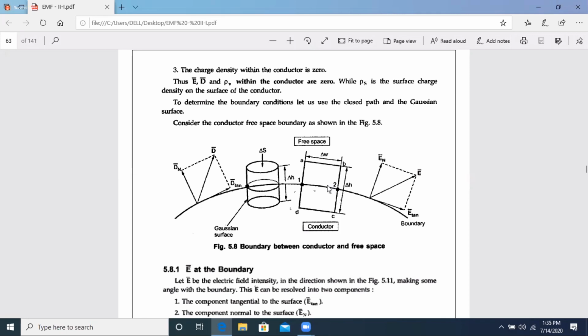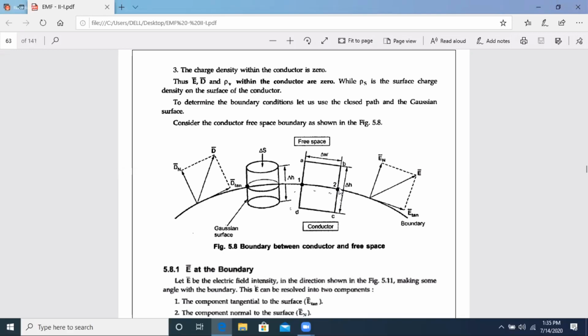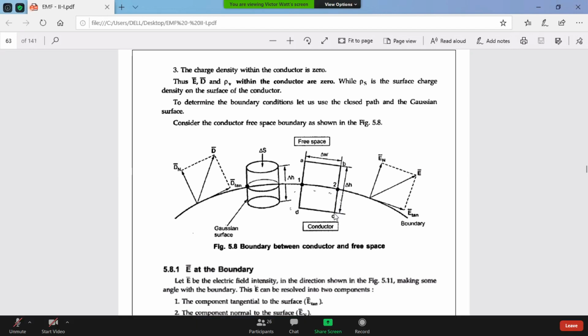All right? So consider you shrink it so close that this side is touching here and this side is touching here.